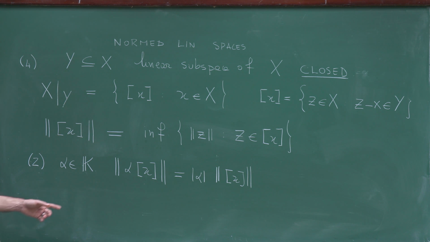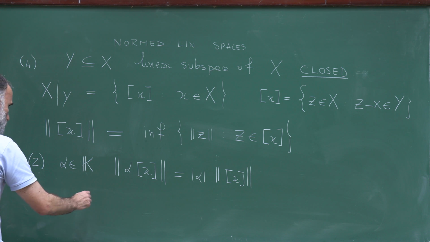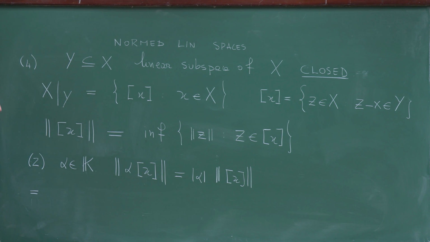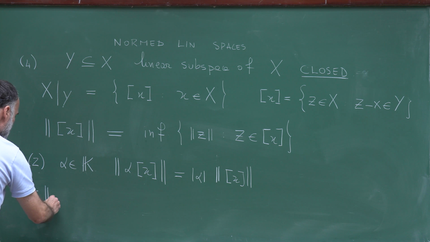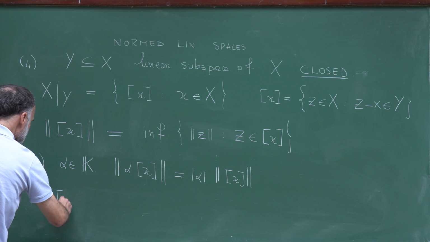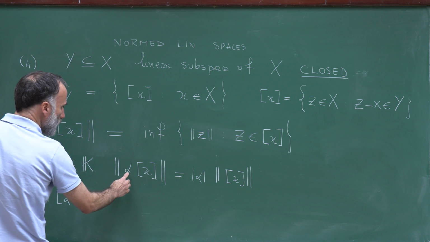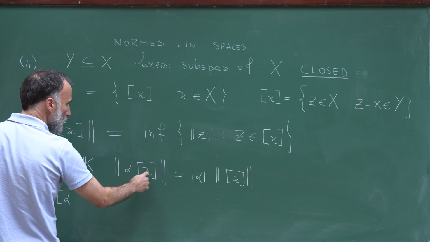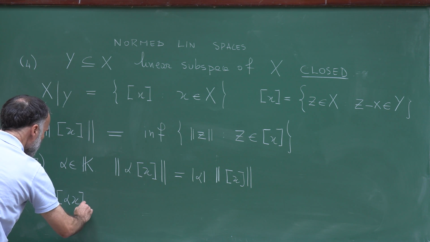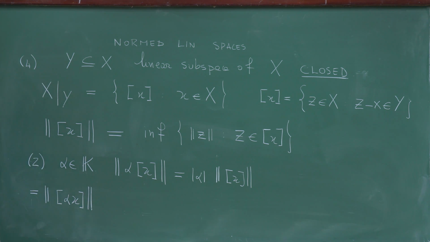Well, but this is easy. By definition, the norm of alpha x, well, what is the element alpha x? We have seen that this is the way in which a scalar multiplies an equivalence class. It's by taking the equivalence class of the scalar times the element x.